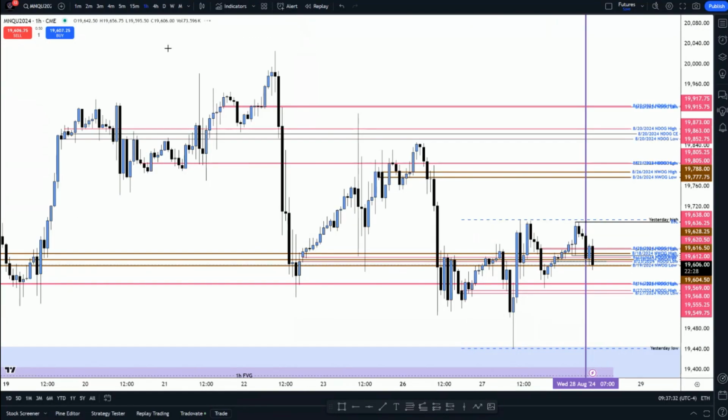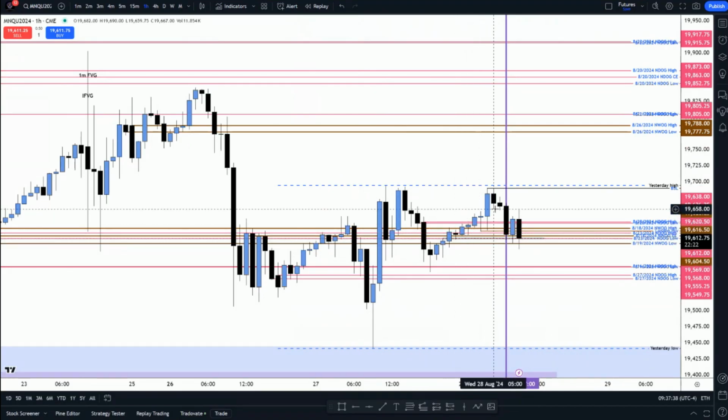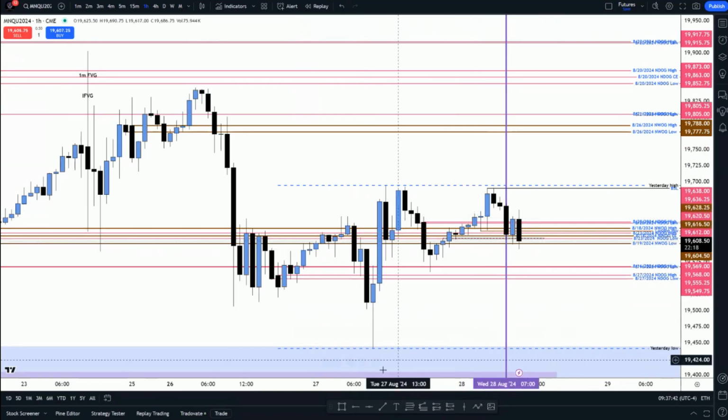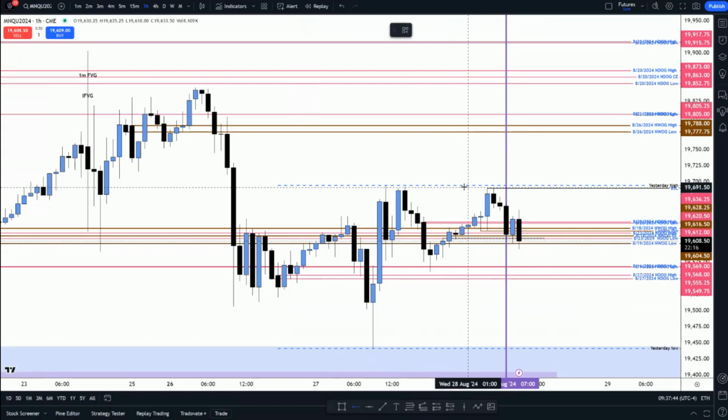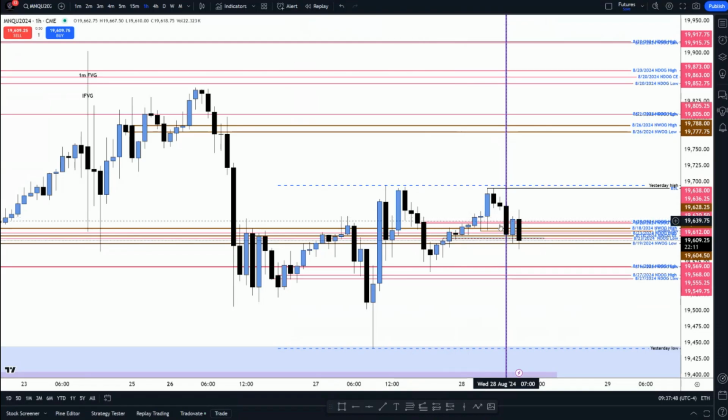Let's see if there's anything on the higher time frames. We have a gap here. We have a gap here to go down. It's too clean up there. I think price goes up.